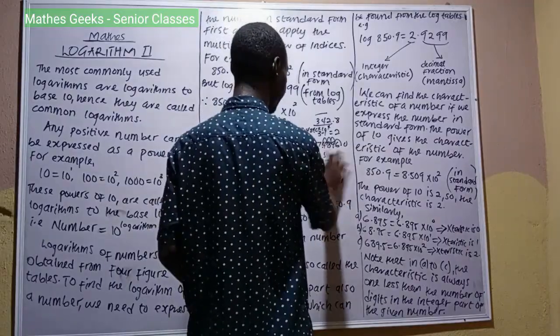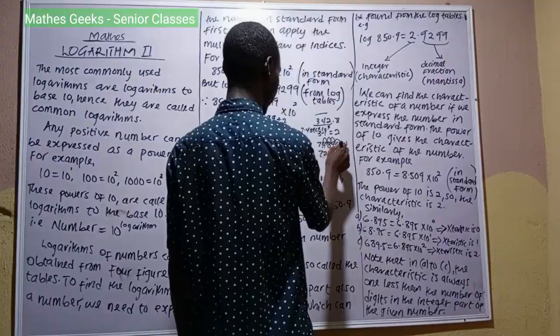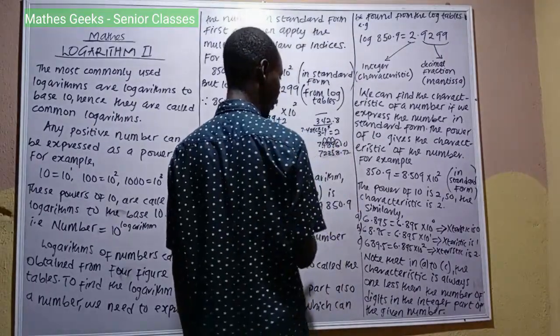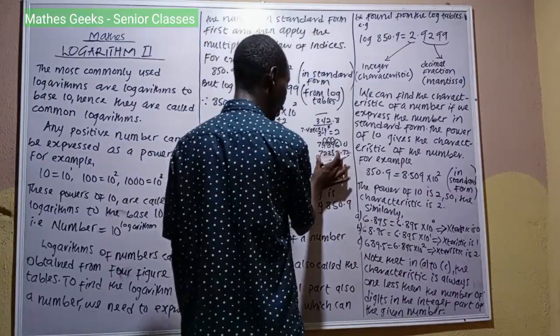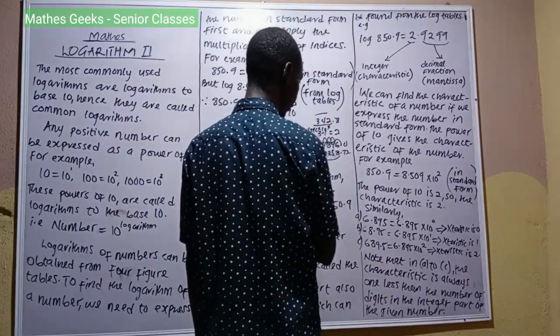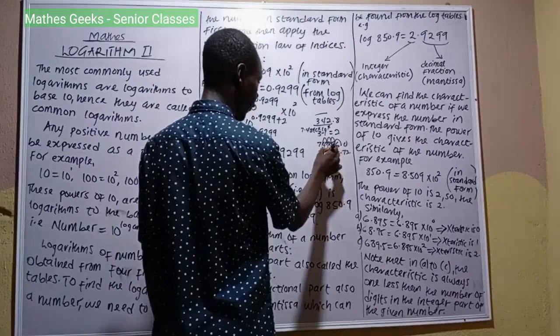And if you have 72345.872 and you want to express it in standard form, the integer or whole number part is this. Now, how many digits are there? This is 1, 2, 3, 4, 5.